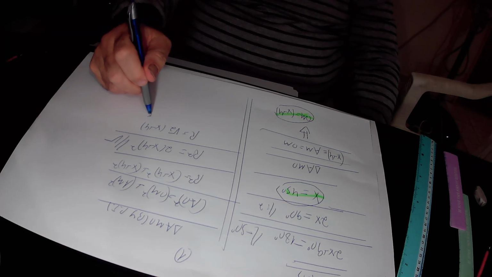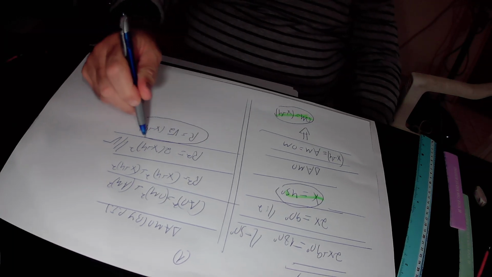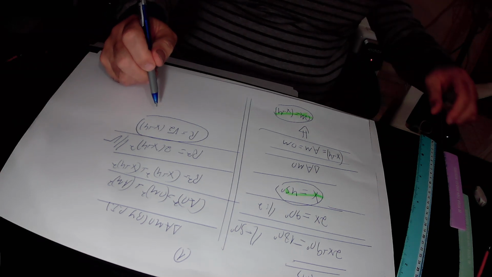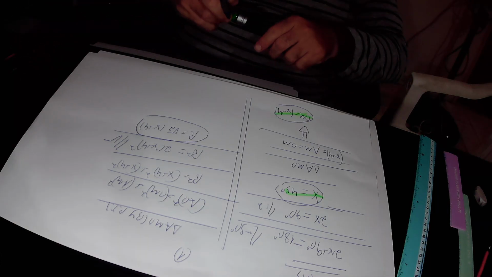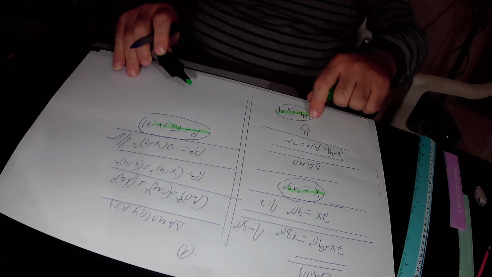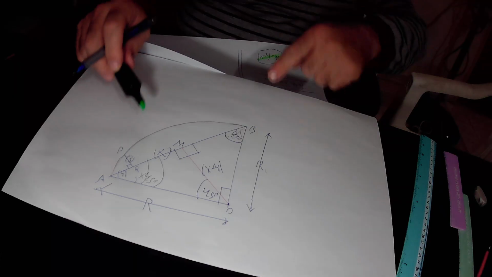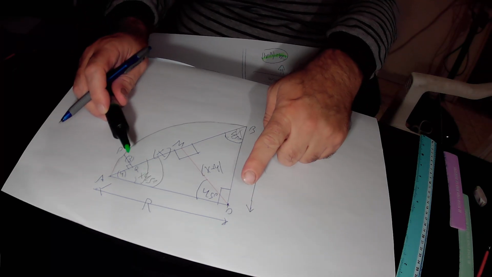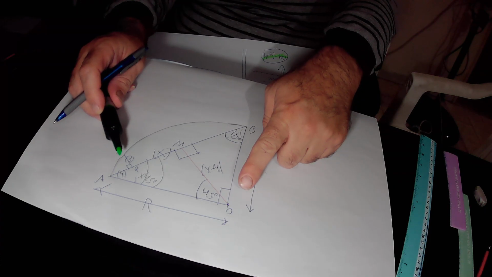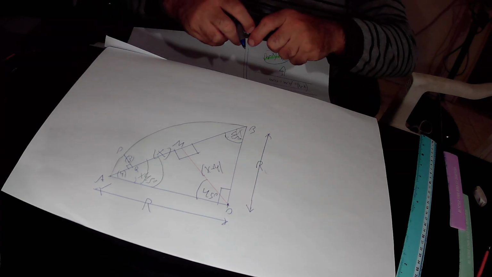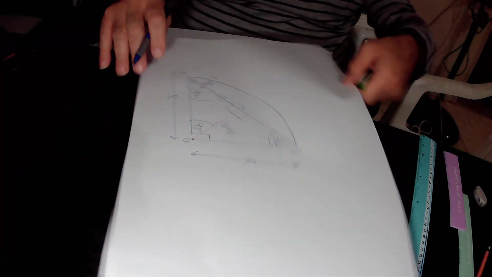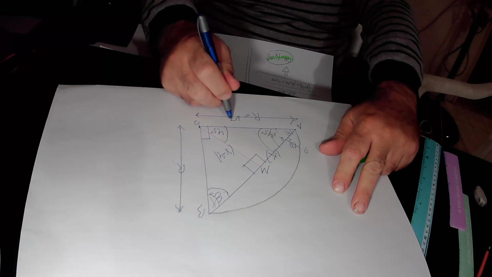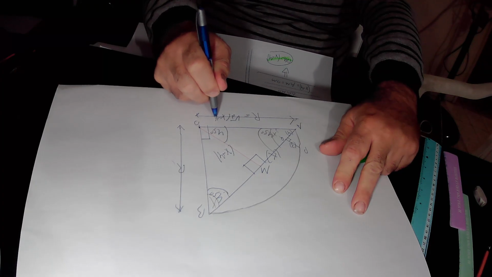So in total, the radius R of the quarter circle equals the square root of 2 times x plus 4 units in its length. This is the hypotenuse AO, equal to the radius of this quarter circle, and in total it equals the square root of 2 times x plus 4 units in its length. So now, the radius AO equals the square root of 2 times x plus 4 units in its length.